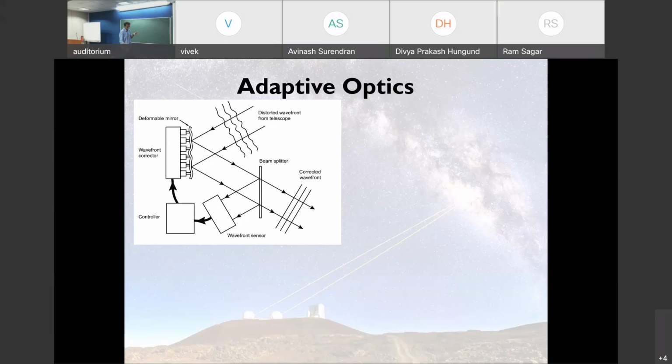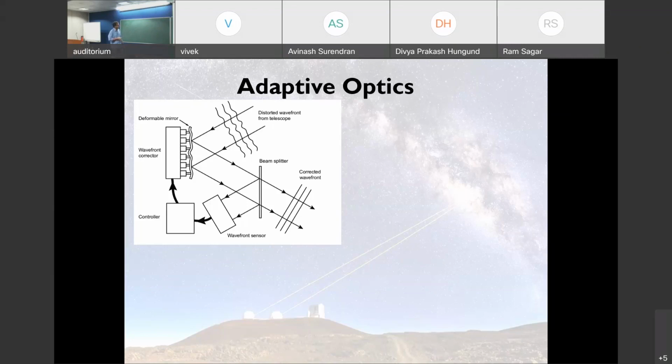A very basic high-order adaptive optics system consists of a deformable mirror with lots of actuators which can change the shape of the mirror, a very thin phase sheet, more than 1,000 times a second to compensate for the distorted wavefront coming from the telescope.